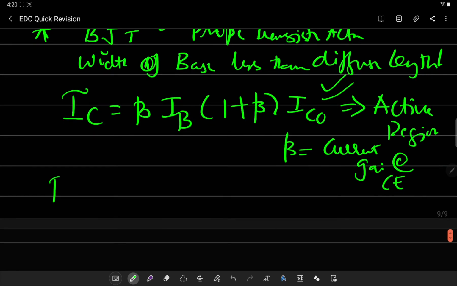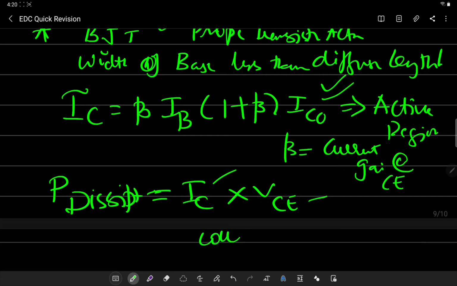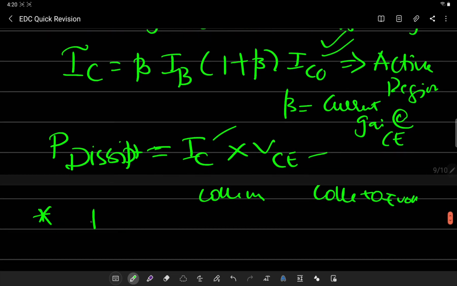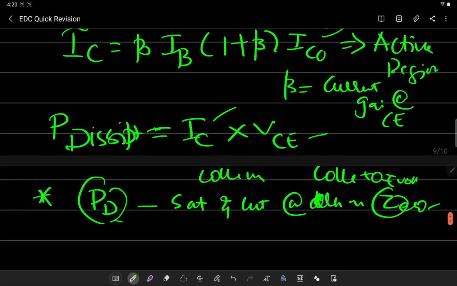Sometimes questions are asked on power dissipation, which is IC times VCE, the collector current times the collector to emitter voltage. Remember, power dissipation in saturation and cutoff is almost zero, because it just acts as a switch, and the power dissipation is maximum in the active region.